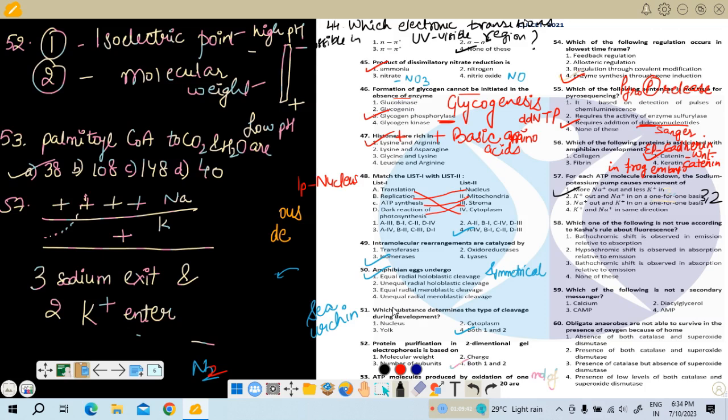Okay, then coming to 59th question. Which of the following is not a secondary messenger? Ca2 positive for calcium.